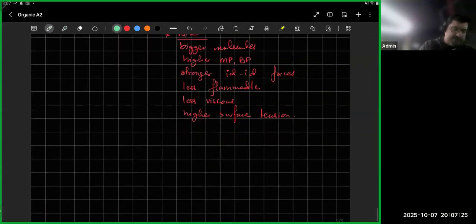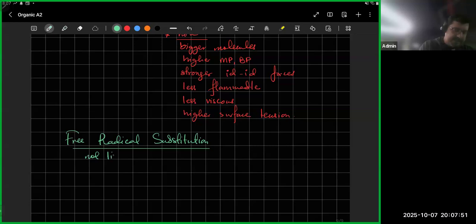We're not going to waste a lot of time. ठीक है, alkanes के अंदर ये कि they are non-polar. They only have one reaction which is called free radical substitution. And also remember, this is not limited to alkanes. Free radical substitution लिख देते हैं, not limited to alkanes.